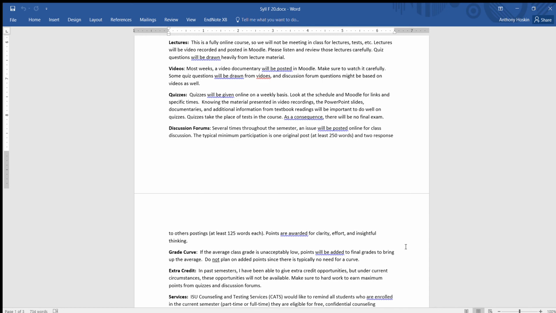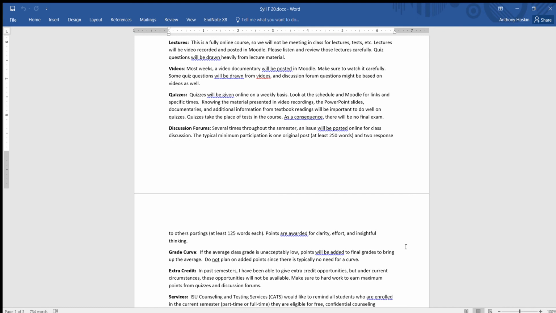It needs to be at least 250 words long, because effort matters to me, and you have to give me enough thought and effort. Everybody needs to do that original post where you give your reaction, your thoughts, your analysis. Then you read through everybody else's original posts, and I want you to give at least 2 responses to those original posts, and each one of those responses should be at least 125 words long.